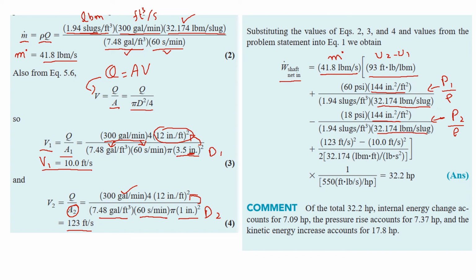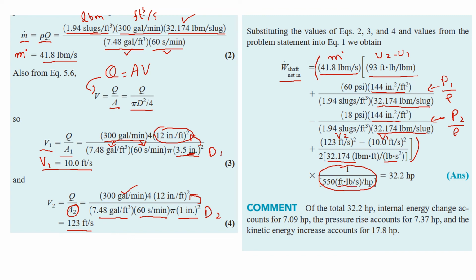Plus, these are my velocities, V2 minus V1, and these are again for unit conversion. Multiply by this term. This term is used because the terms inside this red bracket will give me power in terms of foot-pound per second.